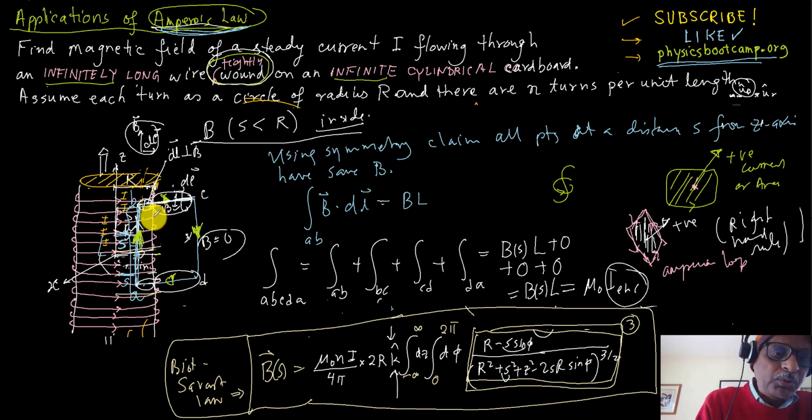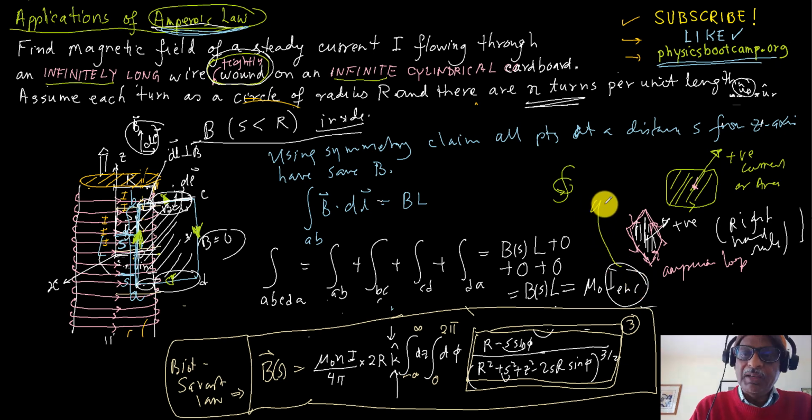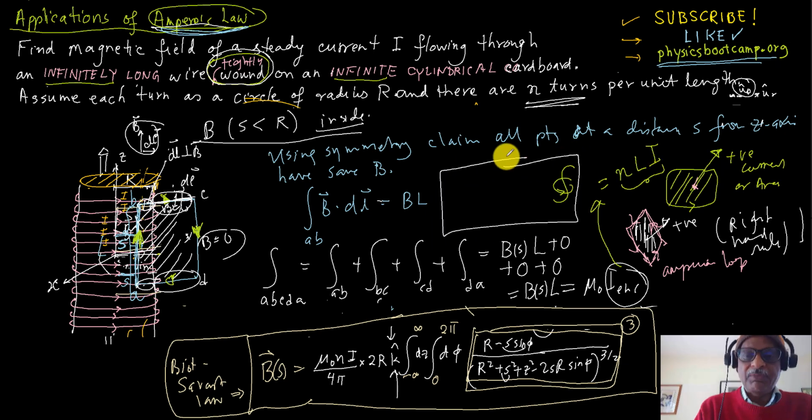So we need to count how many loops went through this area. Now the length is L, and we have n turns per unit length. That would mean I've got n turns times the length, and for each turn I've got current I. So B times L is mu naught n L I, and L can cancel out.